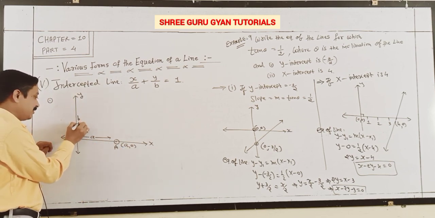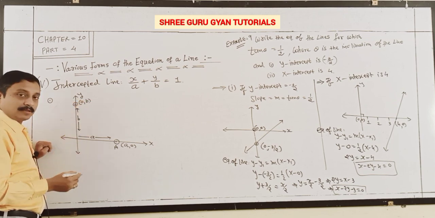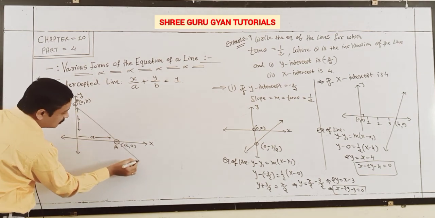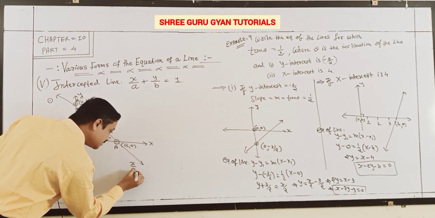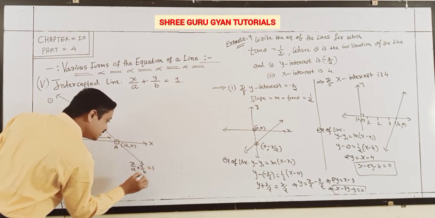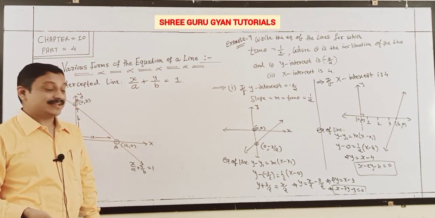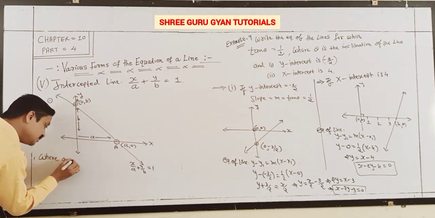Consider here b as the traveling distance, (0, b). And you connect both points with the scale. That line is called x by a plus y by b is equal to 1.